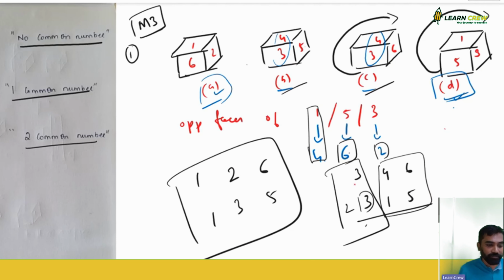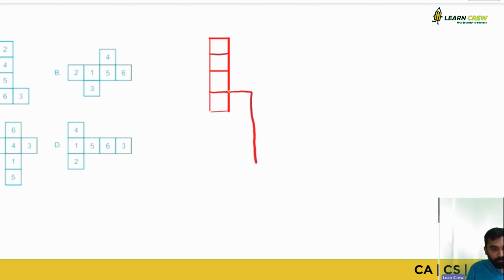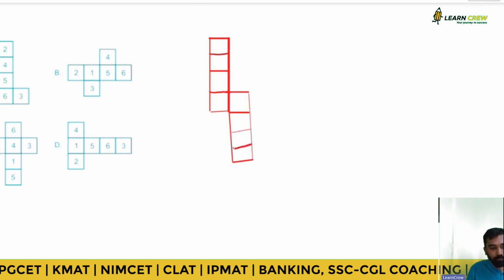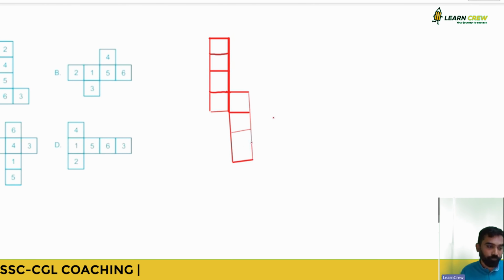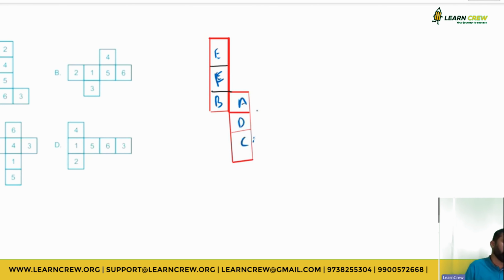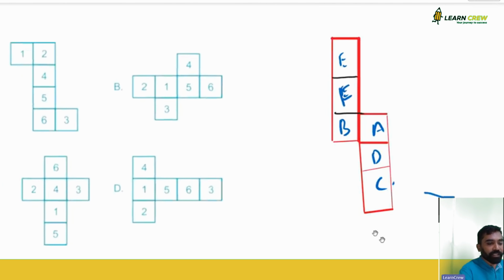Purvi? Yes, sir. Okay, now we are going to see the type 4 kind of problems. In type 4, there is one more thing, I'll just draw it. Now I'm going to keep something like E, F, E, D, C. So here I have kept 5 different types of open figures.